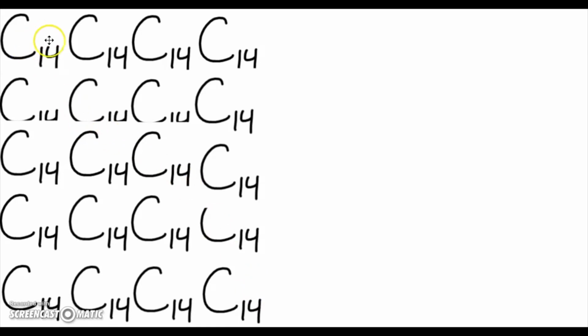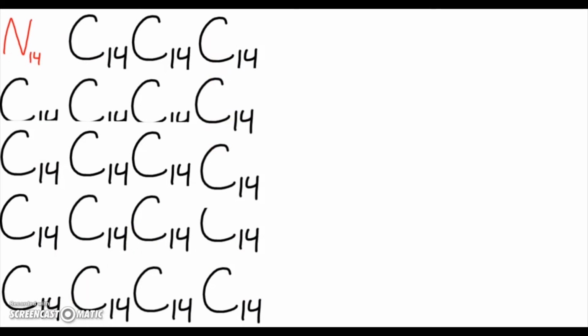Okay, so of all this carbon here, some of it is going to decay into something else that looks like this. So while you are alive, you have all this carbon going in, and you're eating carbon-14. Most carbon is carbon-12. That's not radioactive at all. But while you're eating, all the carbon, or at least most of it in your body, stays carbon-14 just because you're eating more carbon.